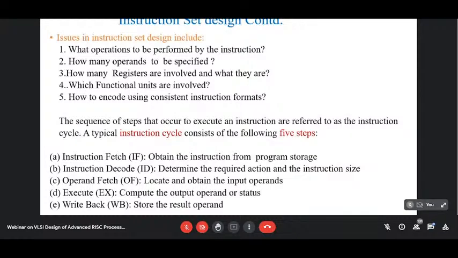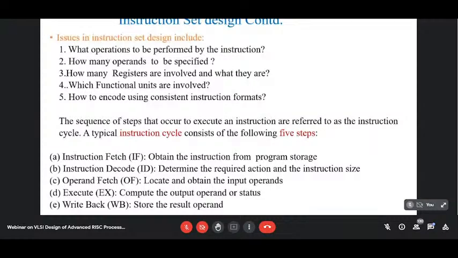To answer these questions, you have to think of categorization of instructions. What are the different categories of instructions? Then, how many operands are to be specified? Operands means the data or some information related to data. How many registers are involved and what are they?